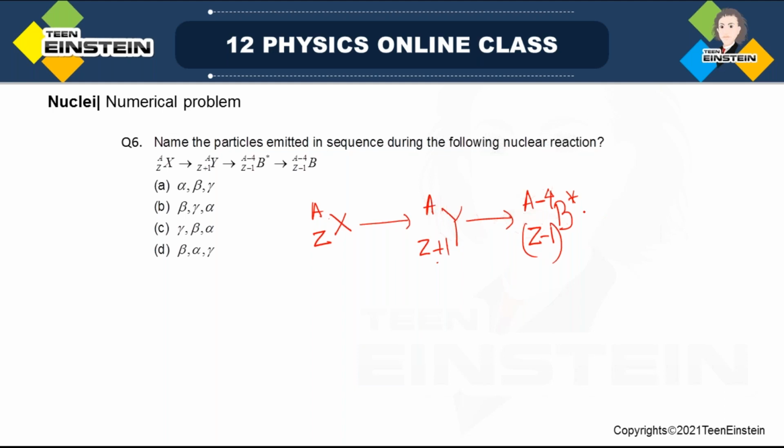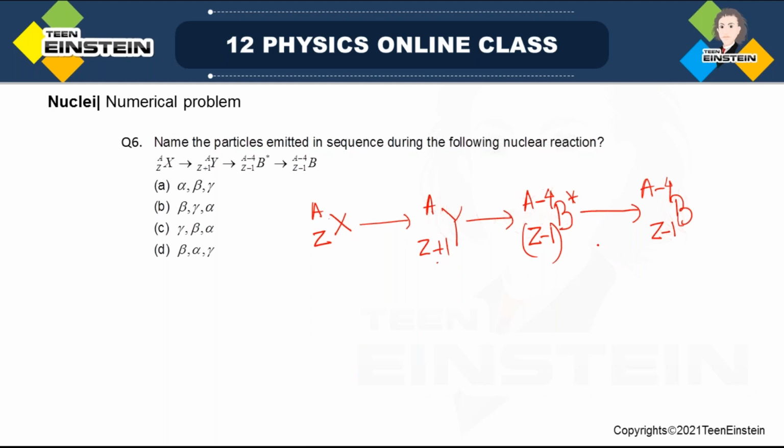Now finally this is remaining the same nucleus, but this star is not here. Now we have to understand what is the meaning of this star. Otherwise these two are the same. B star and B have the same mass number and atomic number, but the star is missing in the last case.